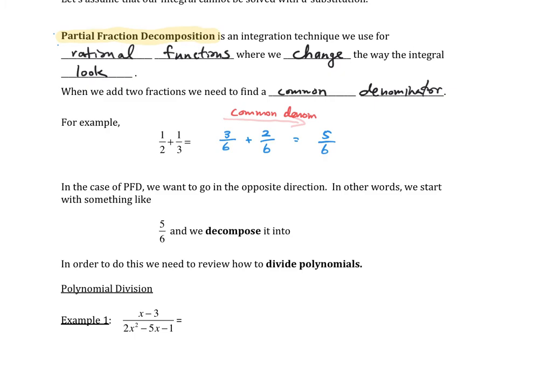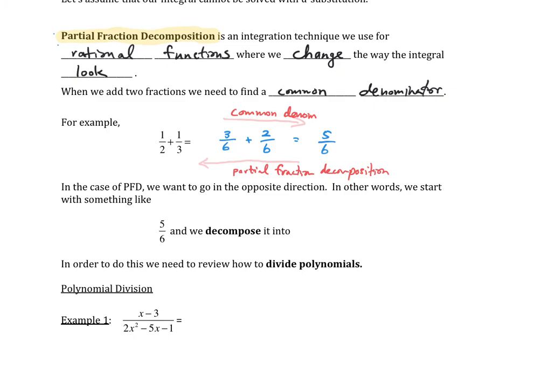So we want to start with our single fraction of, let's say, 5/6, and we want to be able to break it up into the sum of two fractions. So this is the partial fraction decomposition. In other words, you're taking a fraction and you're breaking it up into smaller pieces.